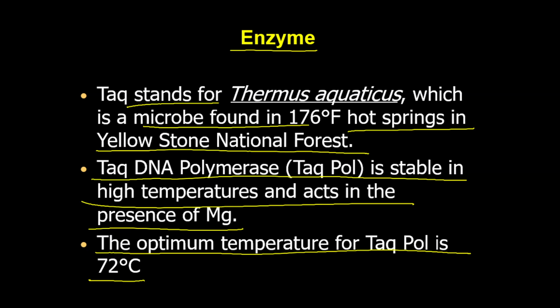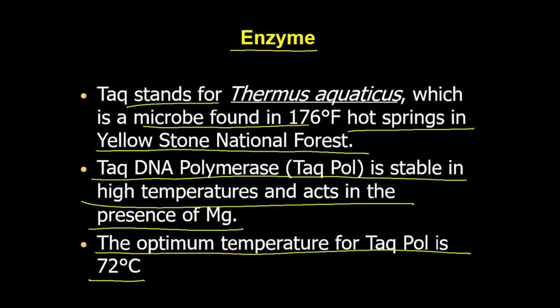Your normal DNA polymerase won't be able to survive that temperature range. So we need a polymerase that is well adapted to that temperature range, and for that the enzyme is Taq polymerase. Taq stands for Thermus aquaticus, a bacterium, a microbe which is found in 176 Fahrenheit hot springs in Yellowstone National Park.